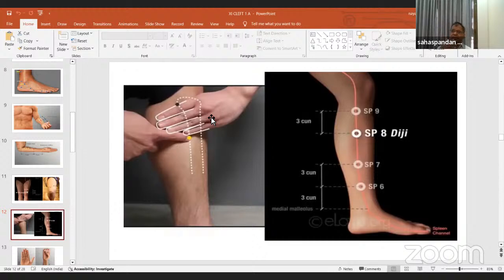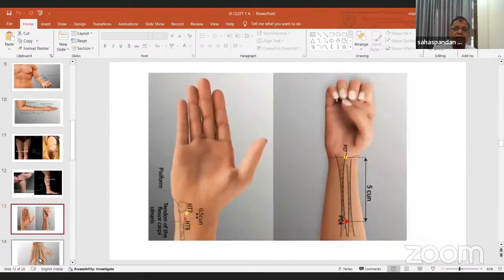When there is stasis of blood in the uterus, there will be abdominal masses in the woman. Then heart 6.